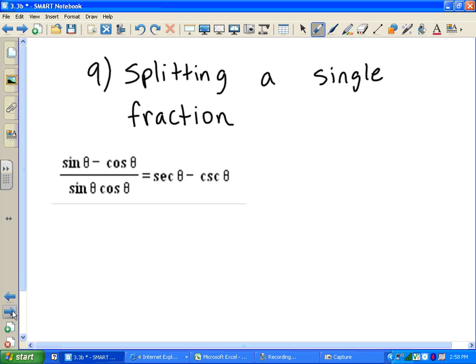So the denominator there is sine theta cosine theta. I'm going to write both fractions with sine theta cosine theta as their denominator. I'm going to put a minus in between them because we're subtracting the two values in the numerator.